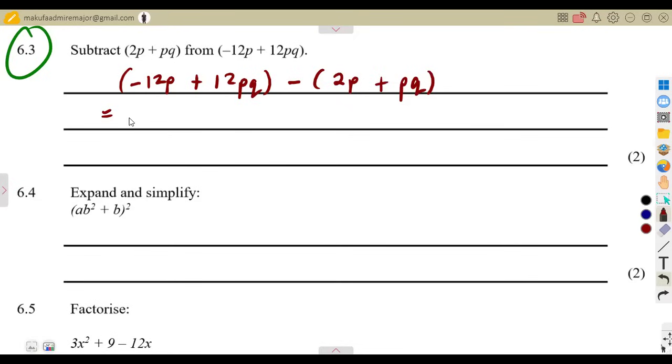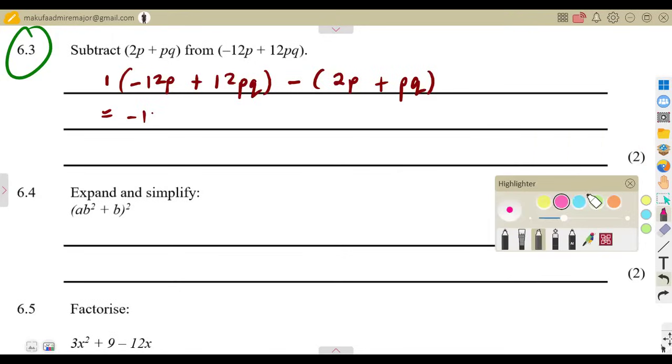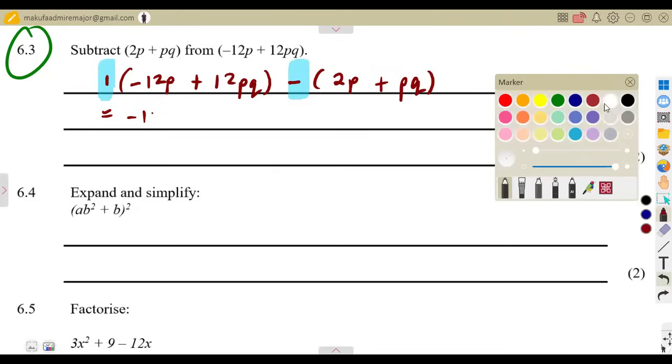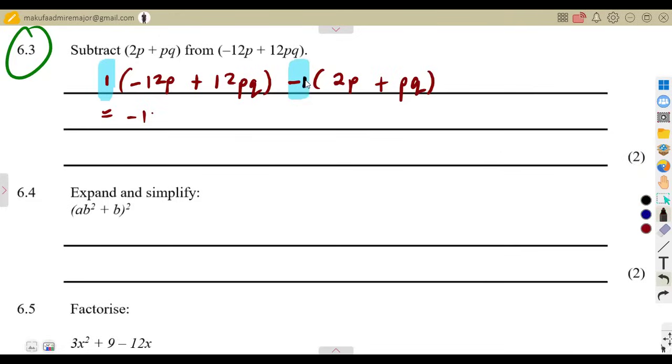So what you're simply going to do is expand the brackets here. There's a 1 outside of the bracket. Even though we see the negative there, there's a number, which is a 1, so it's going to be negative 1. So expand this bracket by 1.